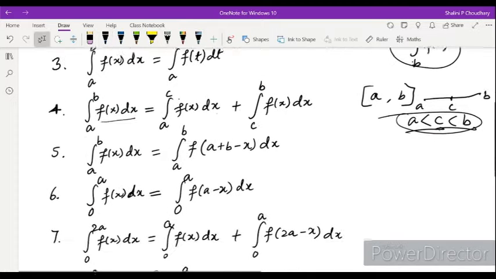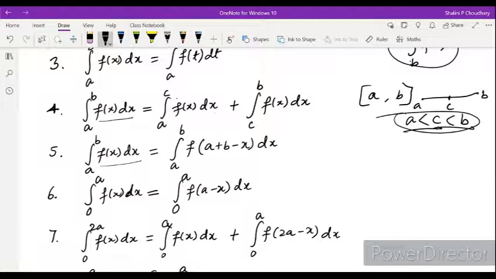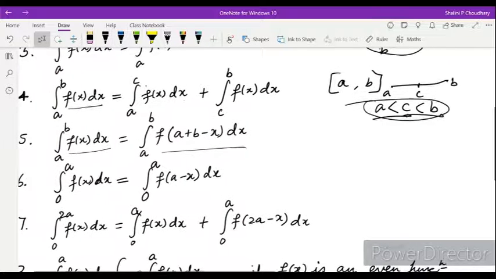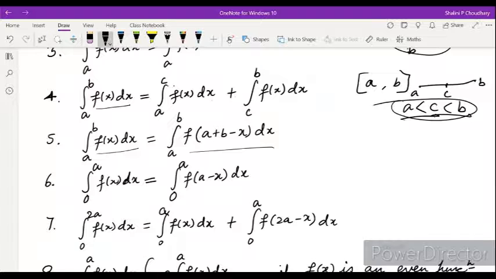Now next, the integral of f(x) dx over the interval a to b, the same value we will get for f(a plus b minus x) with respect to x when the interval is a to b.